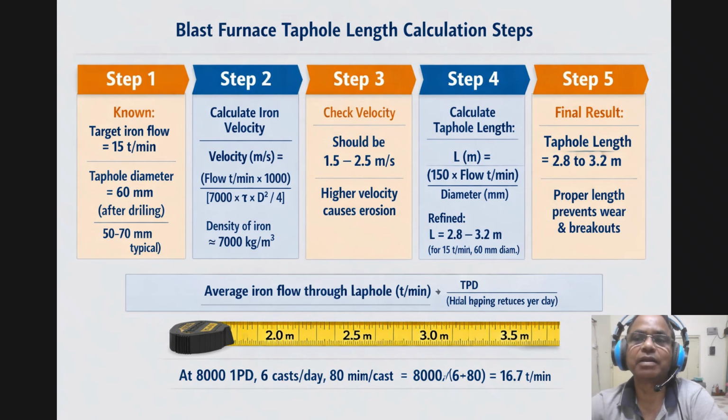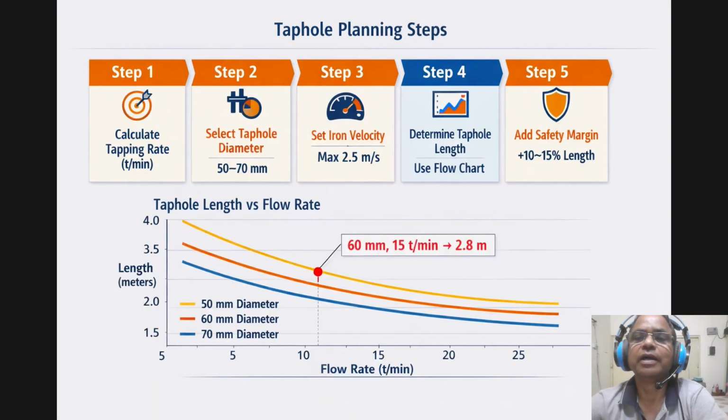With the help of these numericals, we can understand things much better. This is a very practical comparison slide. As you can see, on the left, we have furnace A, which has a high productivity of 2.7.